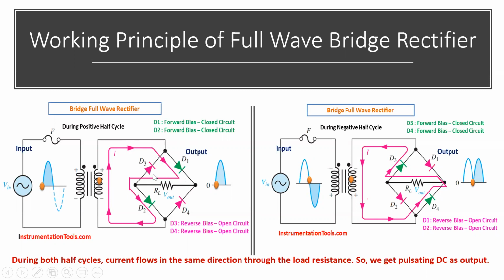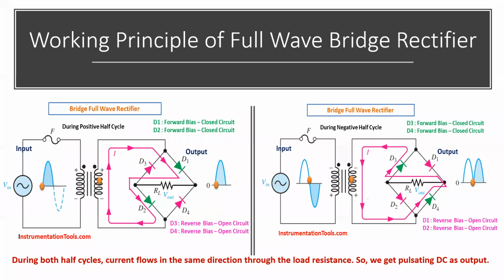It cannot go through D3 and D4 because both D3 and D4 are reverse bias. So they will not provide a closed circuit path. They will provide only an open circuit path, which means current cannot flow. Is that clear how in a bridge rectifier during the positive half cycle, the current will flow?